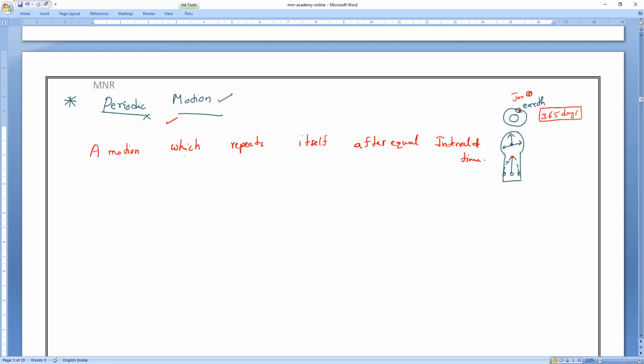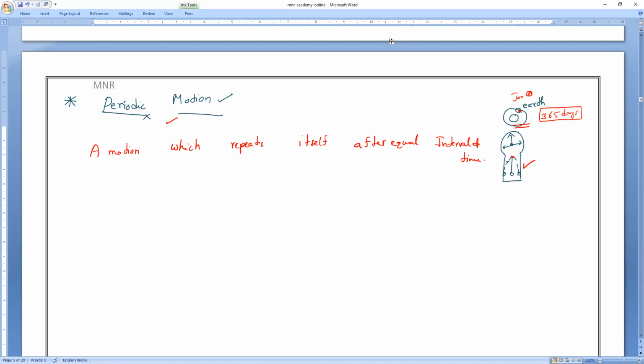Periodic motion. So what examples can you take? The pendulum of a wall clock, or the earth revolving around the sun, is an example of what? Everybody, respond.